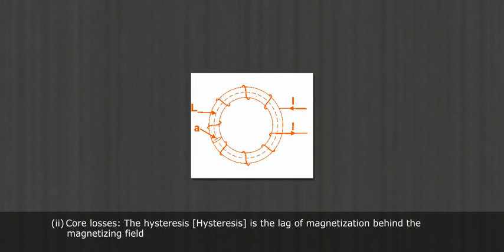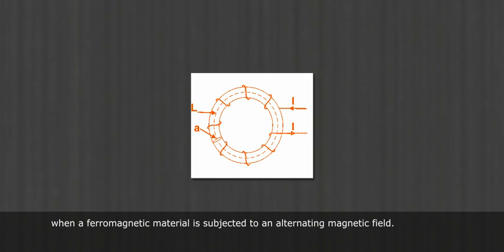2. Core losses. Hysteresis is the lag of magnetization behind the magnetizing field when a ferromagnetic material is subjected to an alternating magnetic field.